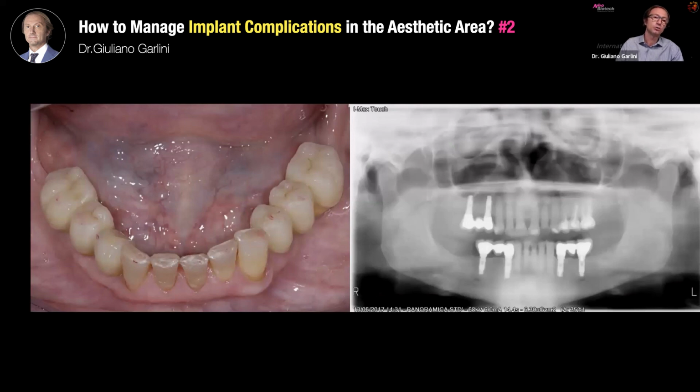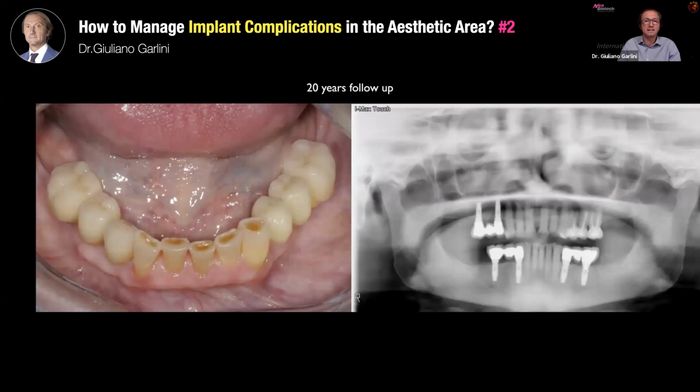If you want to check a final rehabilitation like this one that we did years ago, and after 20 years of follow-up is still functioning, is still in a good, healthy situation, you must consider that communicating with your patient is the key factor.